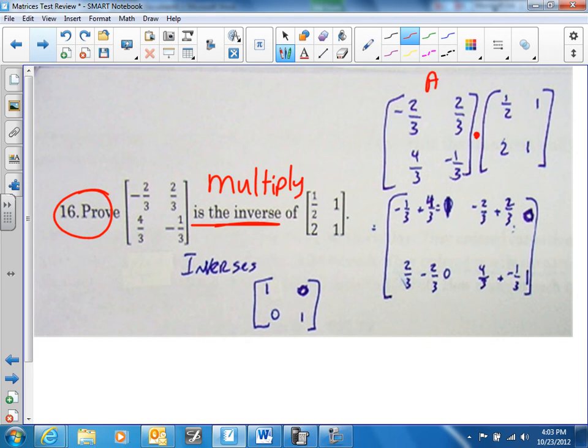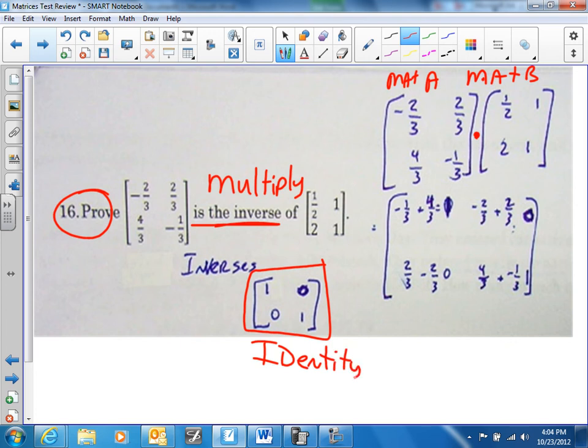Or you can put matrix A times matrix B. So mat A, mat B, and the result gave us, this is an identity matrix. So yes, they are inverses.